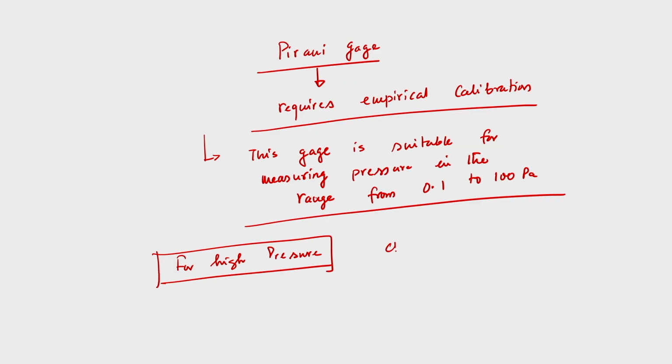Now for high pressure, the change in conductivity is very small. Essentially, the reduction in thermal conductivity with gas is the key theme of measuring low pressure using this gauge.